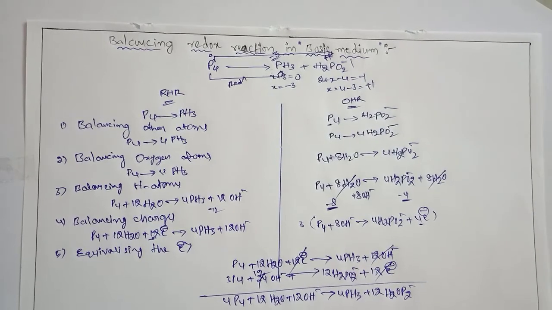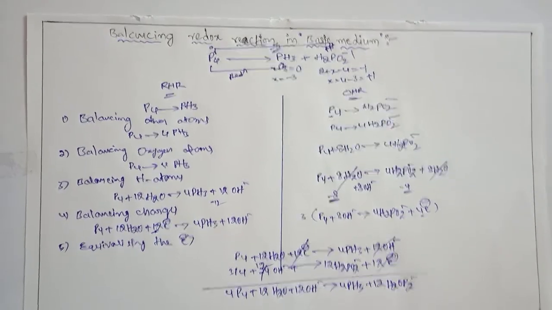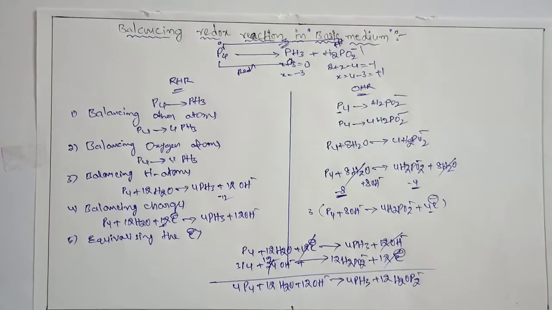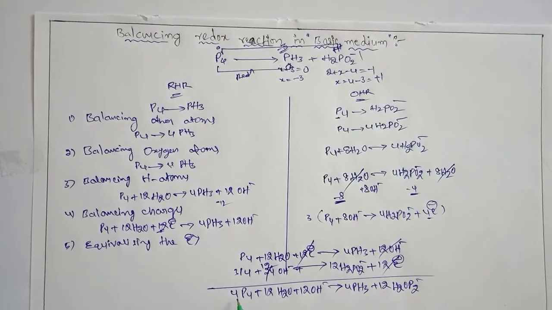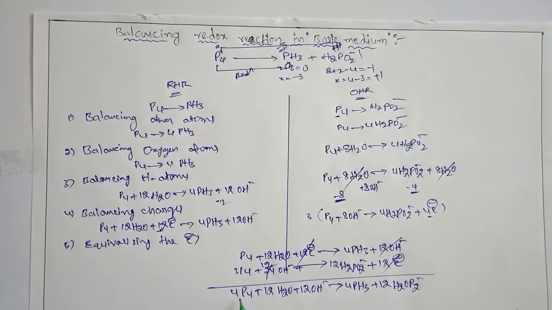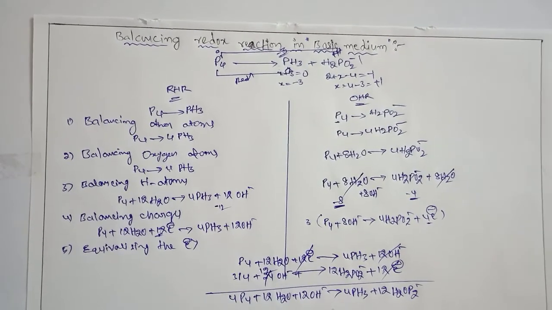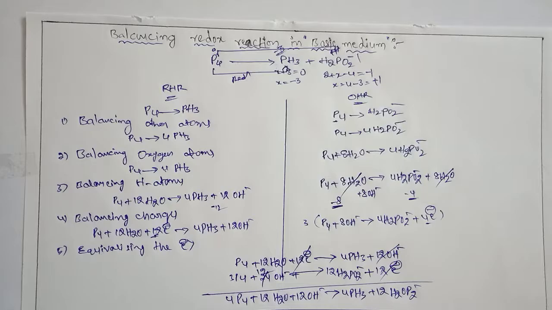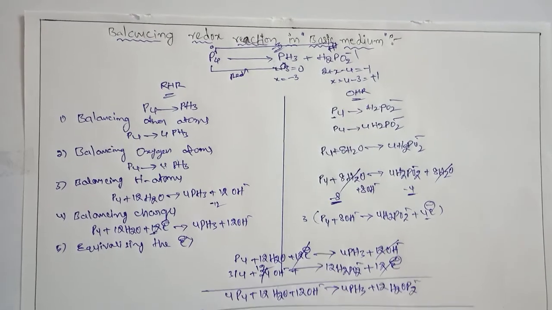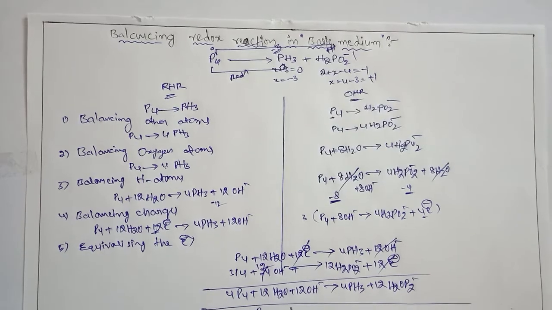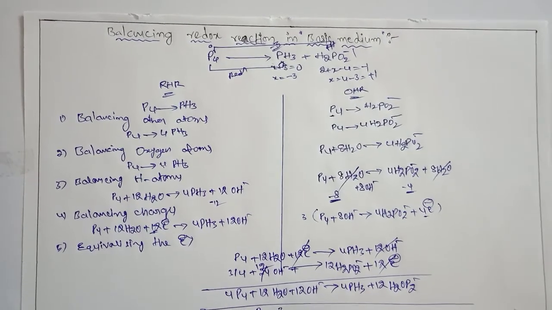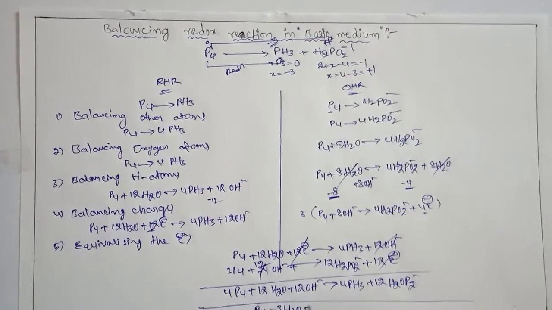Balanced equation should always be present as a simple equation. So we can divide the total reaction by 4. The 4s are cancelled. P4, 4 × 3 = 12, so 3 H2O.